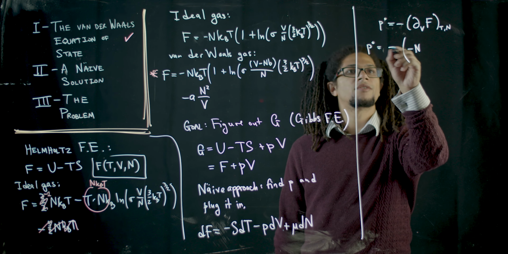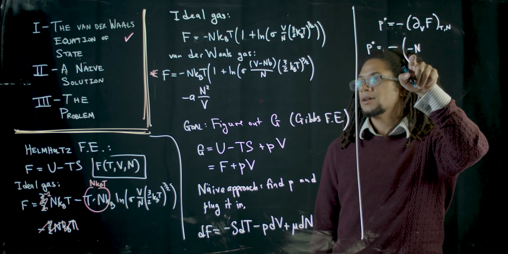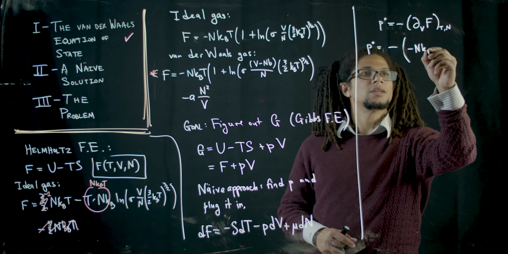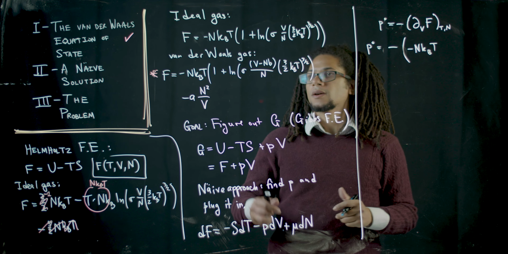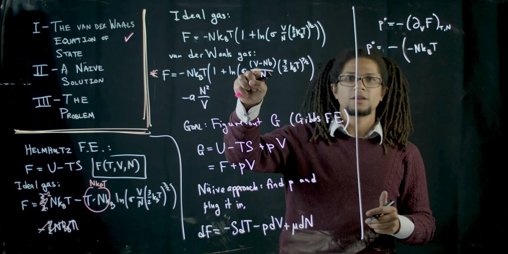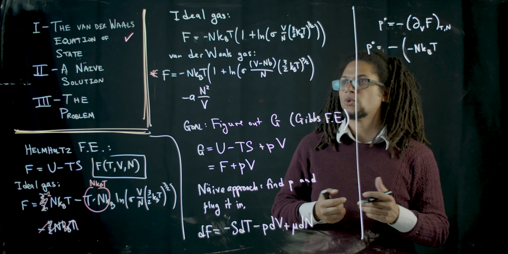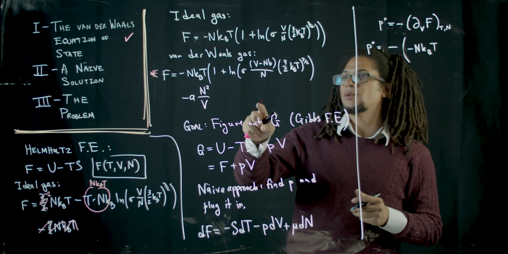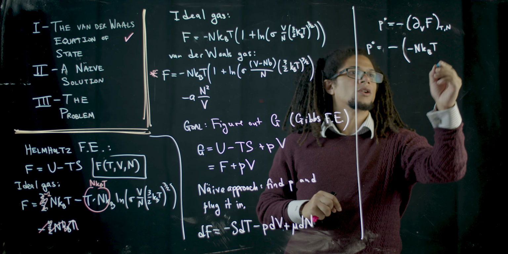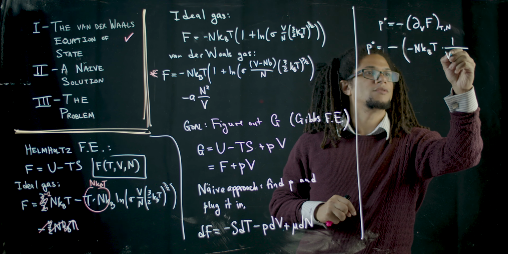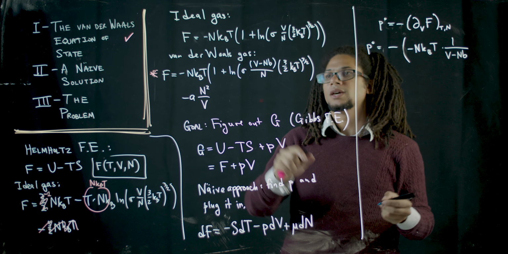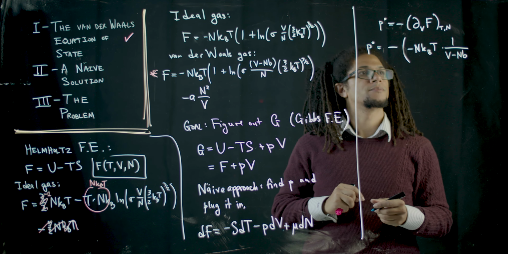Instead, we just have a minus sign, and then we'll pull out our minus N k_B T. Then we take the derivative of the log. V is just shifted here by a constant, so the chain rule won't give us anything. Instead, we'll just get 1 over this object, V minus N b, since this was not raised to any power.